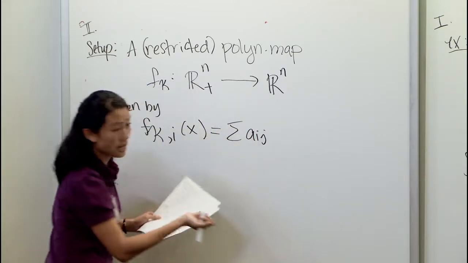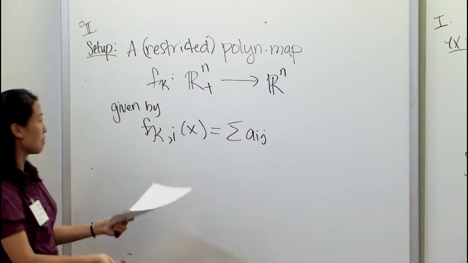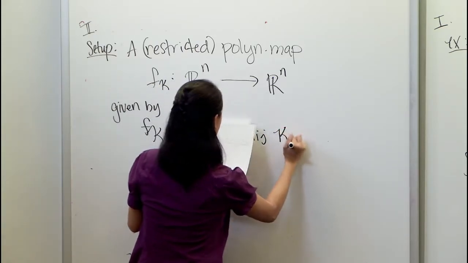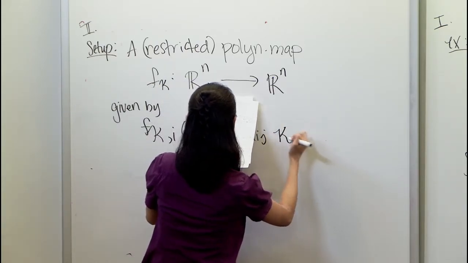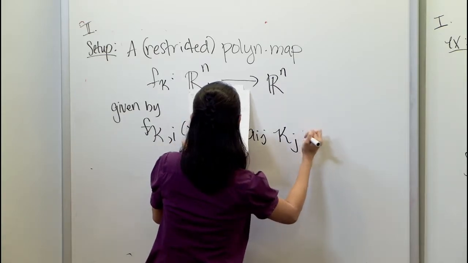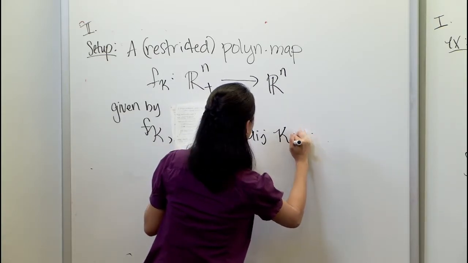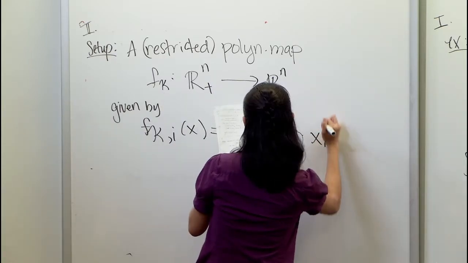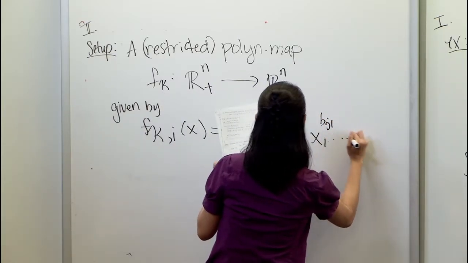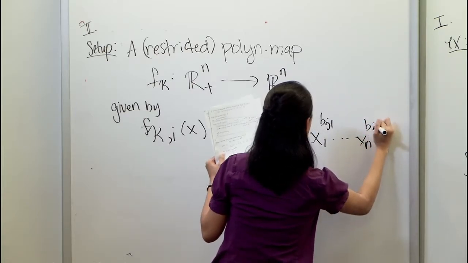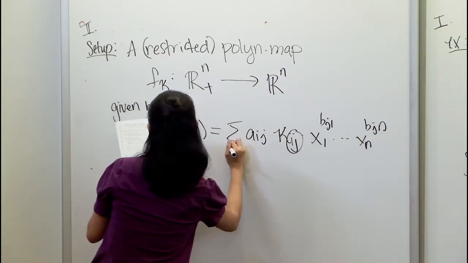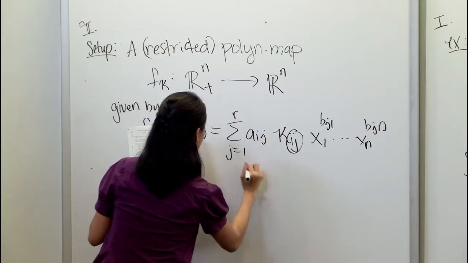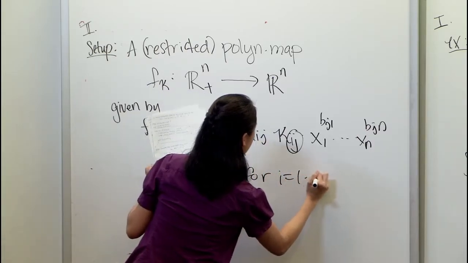The coefficients are a_ij, but I want to be able to scale them by some kappas. So let's multiply it by kappa_ij, I believe. Let me double check this. Times x1 to the b_j1, through xn to the b_jn. Sum from j equals 1 to r, for i equals 1 up to n.